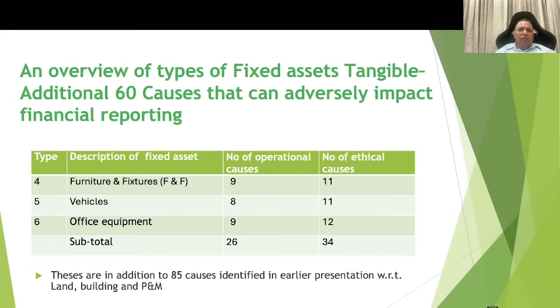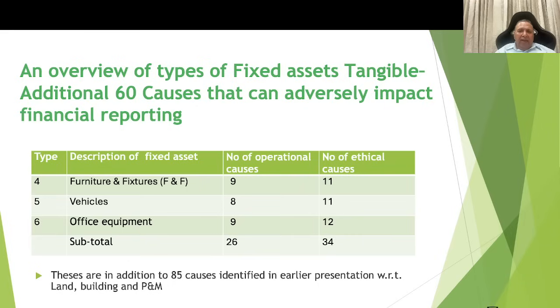So this is an overview of the fixed assets, which has 66 causes identified, out of which for furniture and fixtures 9 are operational causes and accuracy related, and 11 are the ethical causes. Vehicles, there are 8 operational causes and 11 ethical related causes.